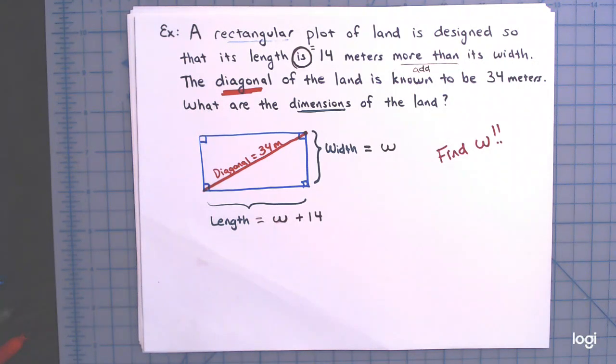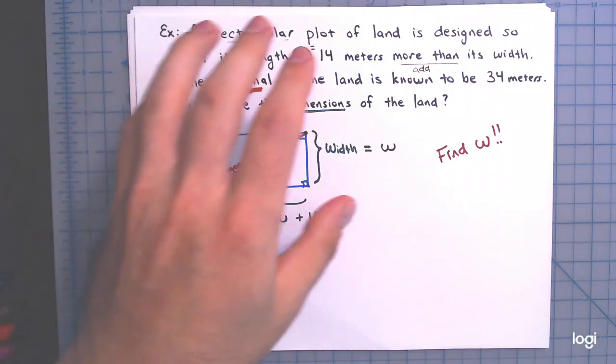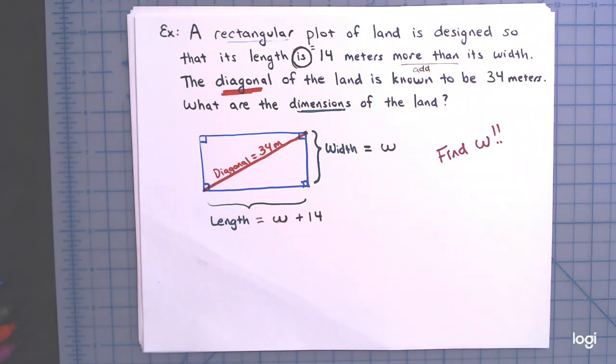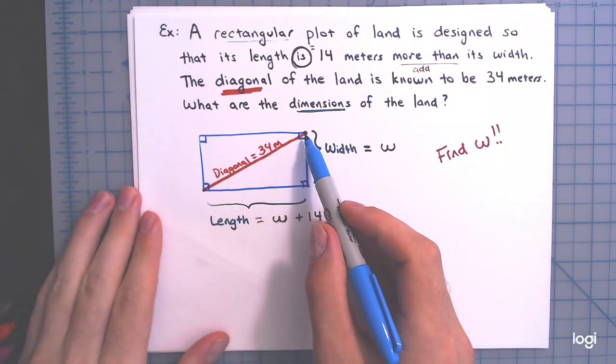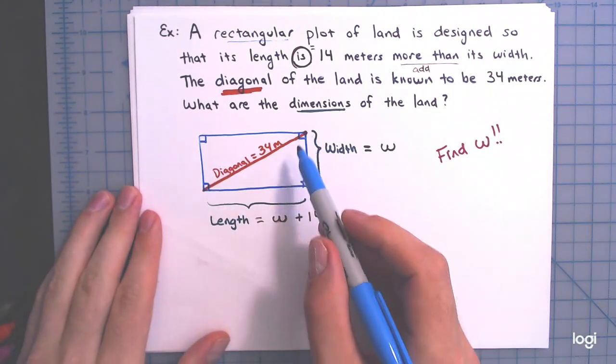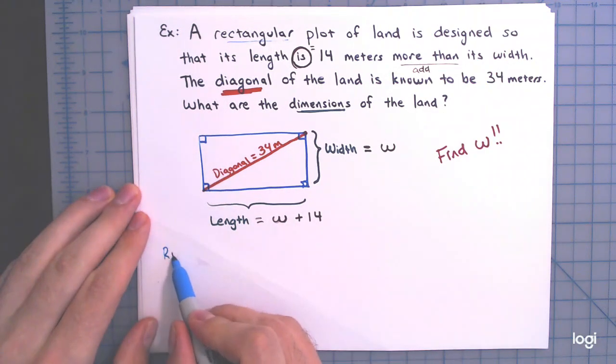All right, well, as with a lot of word problems, some outside knowledge is going to come into play here. Something that's not even mentioned, but something that you're assumed to know, is going to come into play in this picture. Do you see the right triangle here?